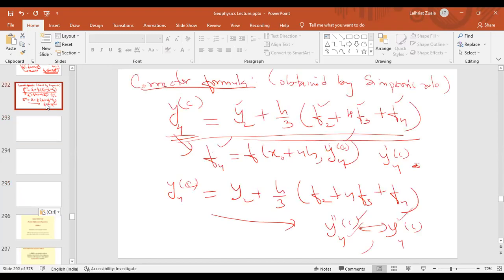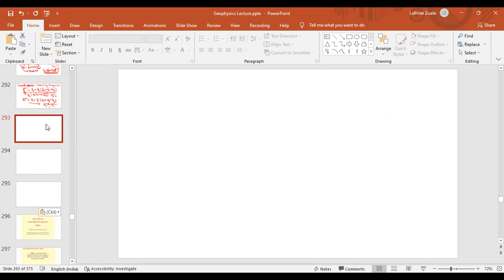We have studied up till the Runge-Kutta method, and the remaining numerical technique for solving ordinary differential equations is the predictor corrector method.